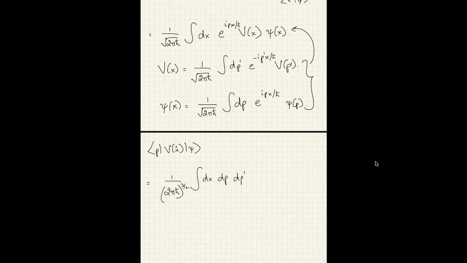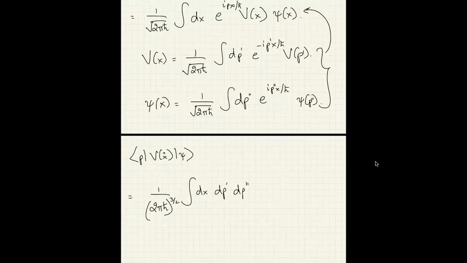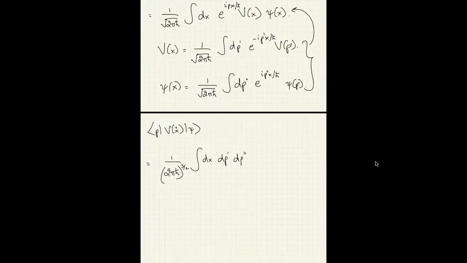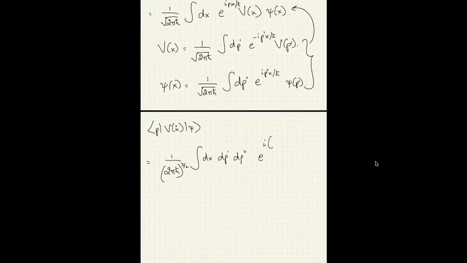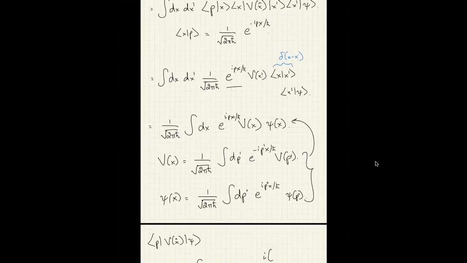There is an e to the i p x, an e to the minus i p prime x, and there is an e to the i... actually I should use some other symbol here because p is already used there. So I will use p double prime, dp prime and dp double prime. There is an e to the i p x from the original integration over here.